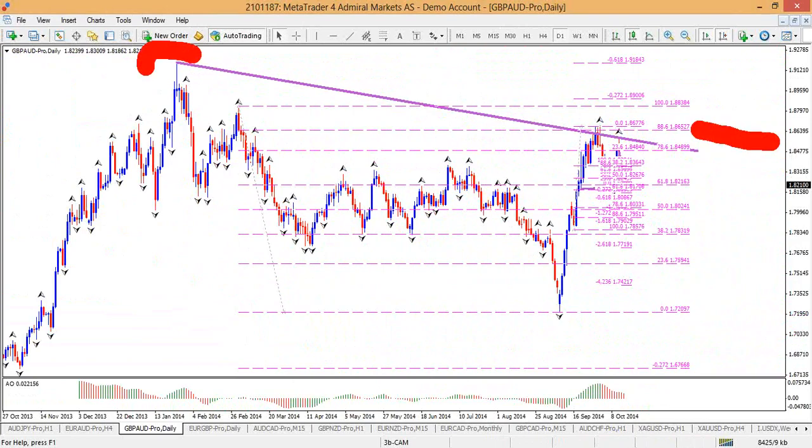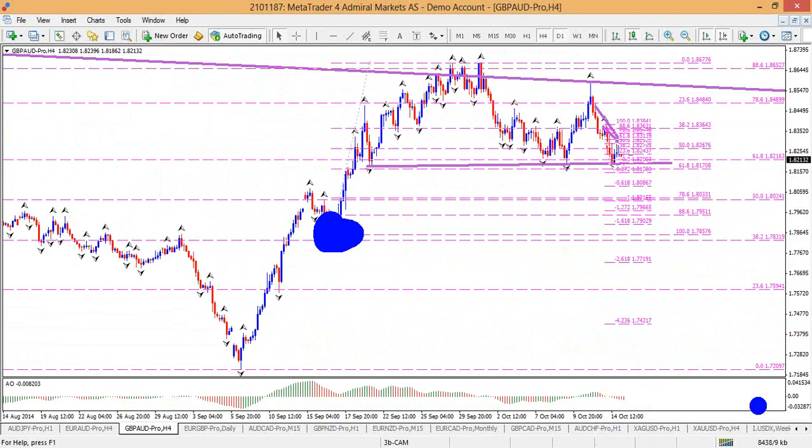Because we put a fib from here to here under red, and now we have the fib from blue to blue. And here the price went straight to the 86 fib. So only the 4-hour. If the 4-hour cracks, if this bottom cracks, we're basically all aligned in bearishness.